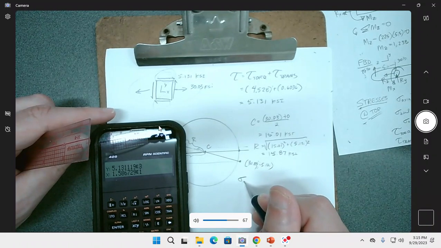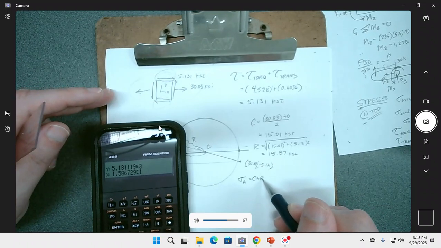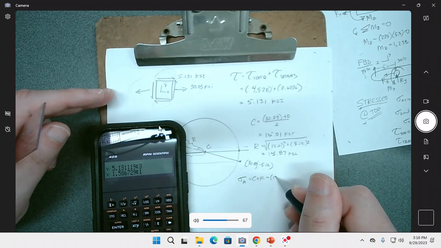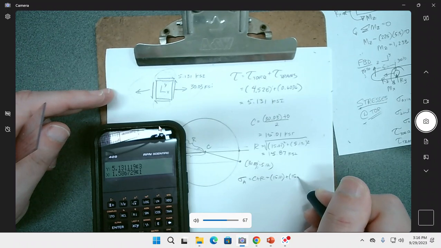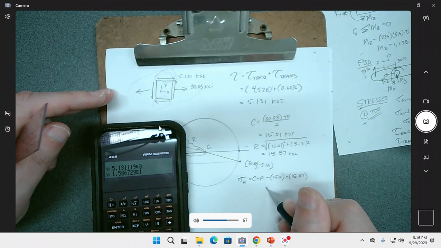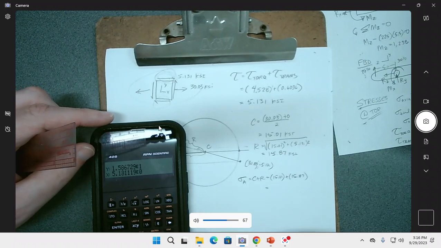So we have sigma A, C plus R, which is going to be 15.01 plus 15.87. Did I do that wrong?